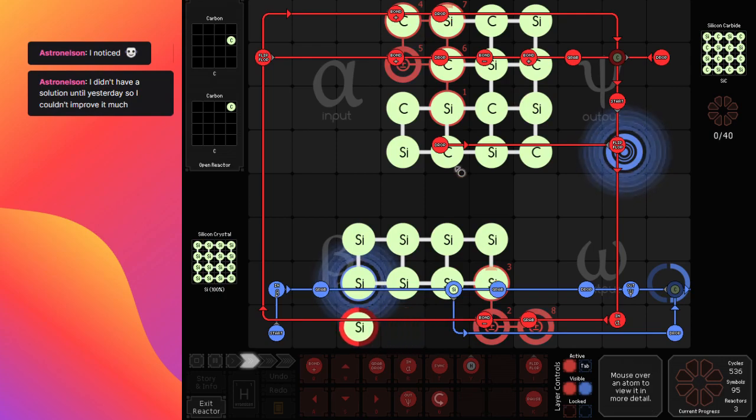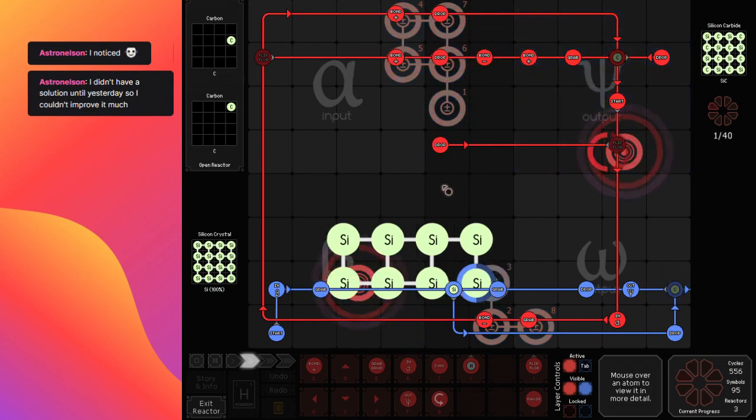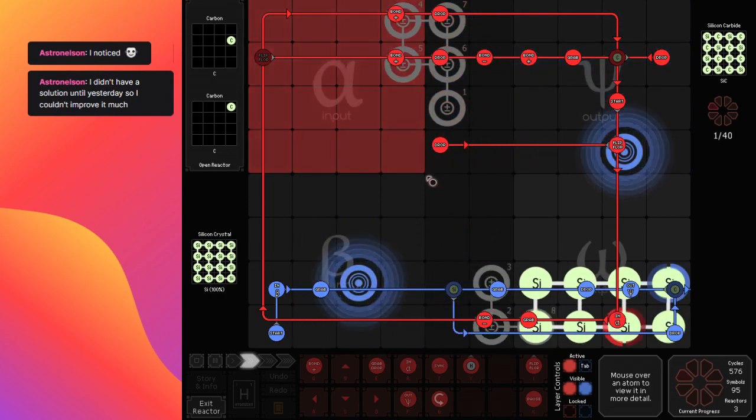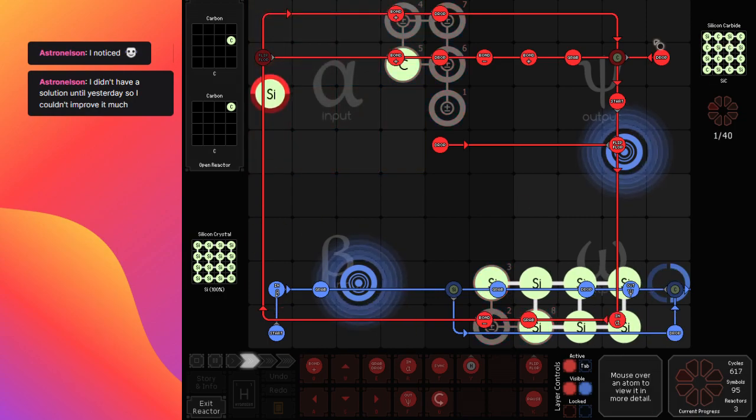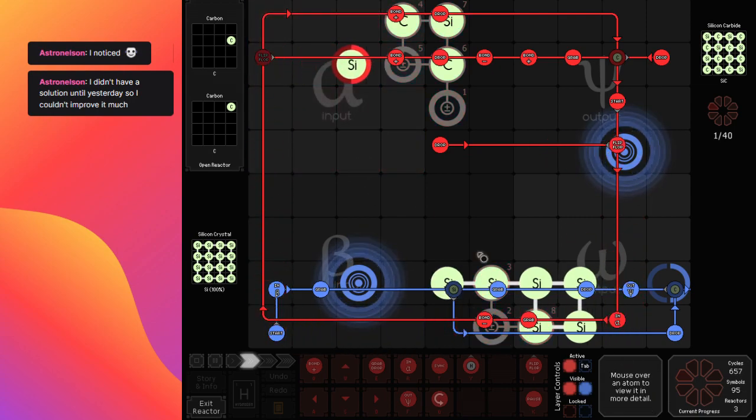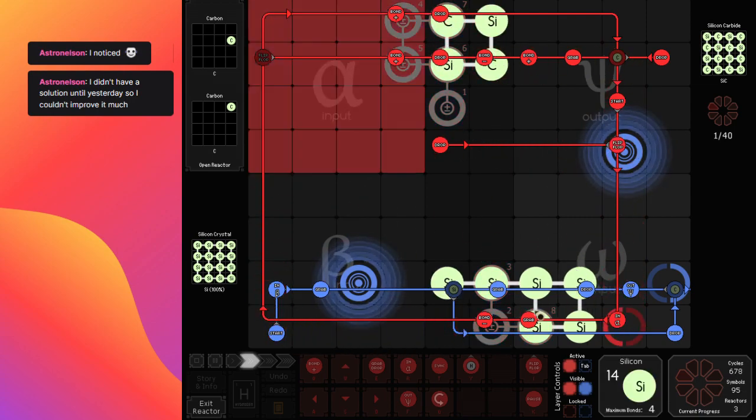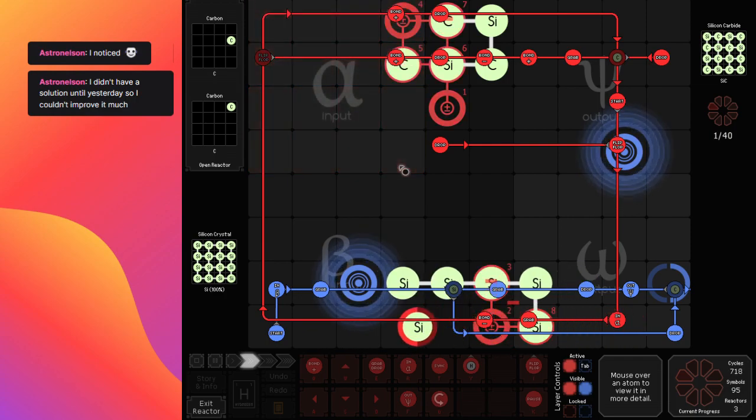So, now this is a monster of a reactor. Making a block from 2 blocks, or rather, making a block from another block in the same reactor like this. I think this is the first time we've seen this. A lot of important space management.